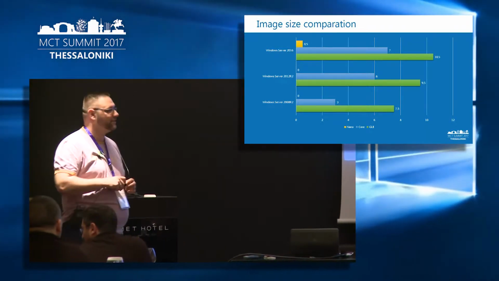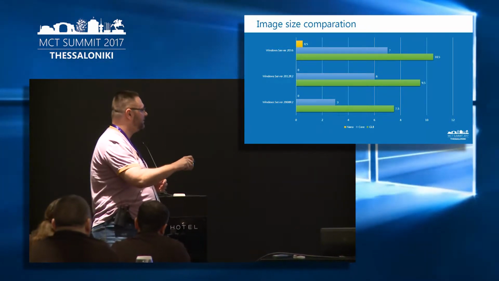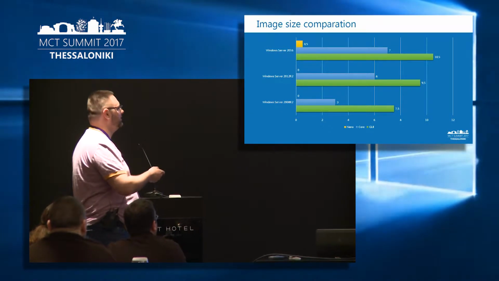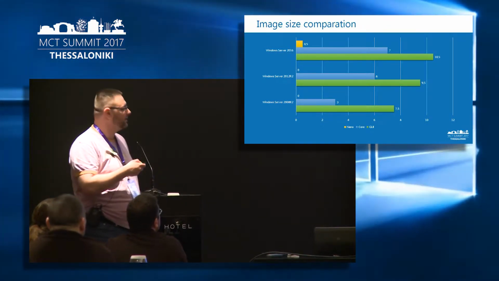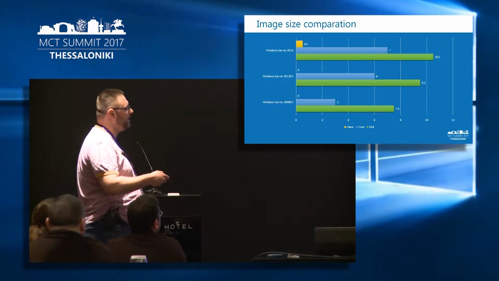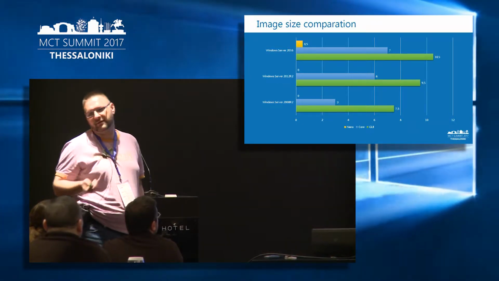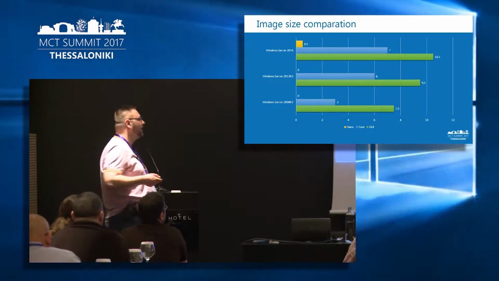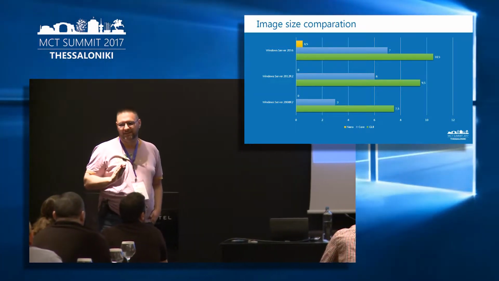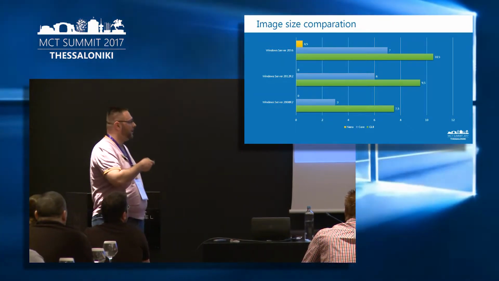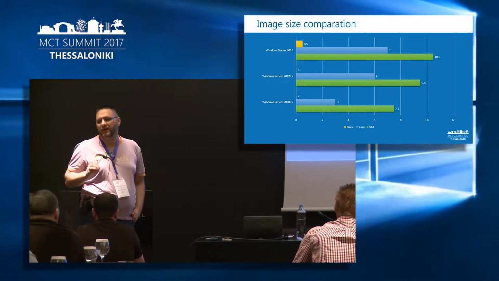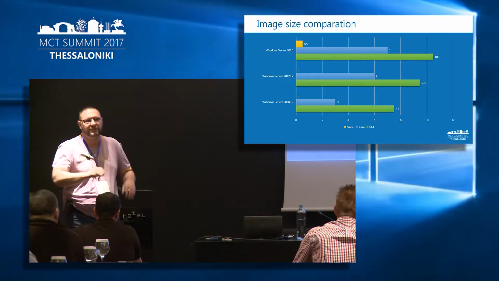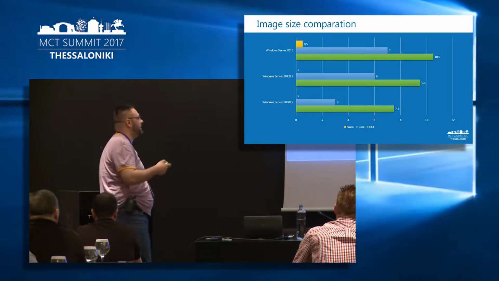Image size comparison. Windows Server 2008 R2: 3 gigabytes is core, 7.5 gigabytes is the classic GUI installation without any updates. That's based on the latest ISO file from MSDN without any kind of updates.